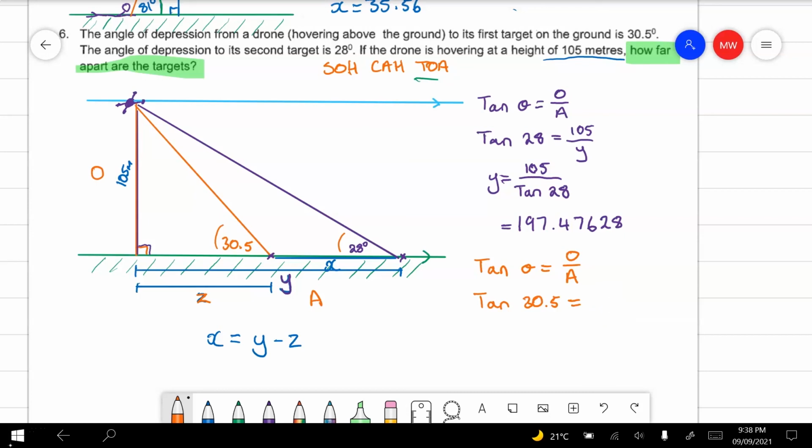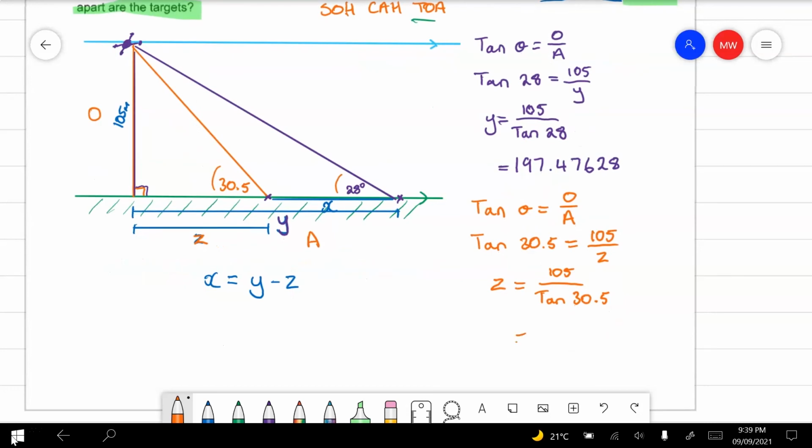Therefore, it's opposite over adjacent, 105 over Z. Do the same switch. Z will be 105 divided by tan 30.5, and I'll just pause and put that in my calculator. And that gives us the answer 178.25463.